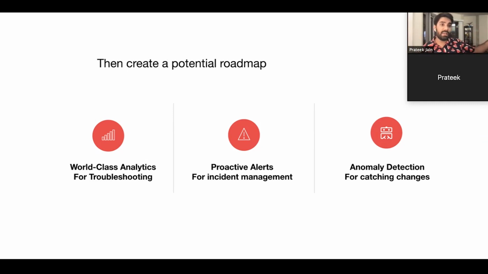And then maybe one day we would get to a place where we'd automate most of this process, and anomaly detection, machine learning algorithms would automatically catch when you needed to be informed and what the solution needed to be. So this became a potential roadmap for troubleshooting on top of Twilio.